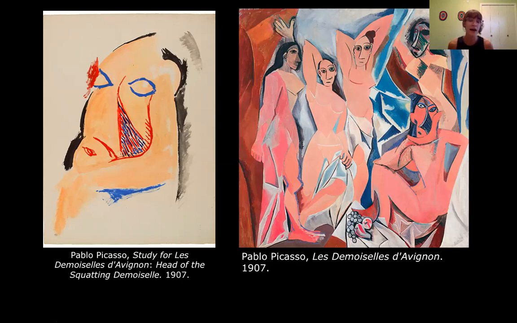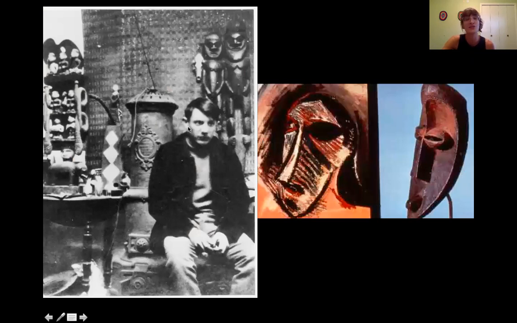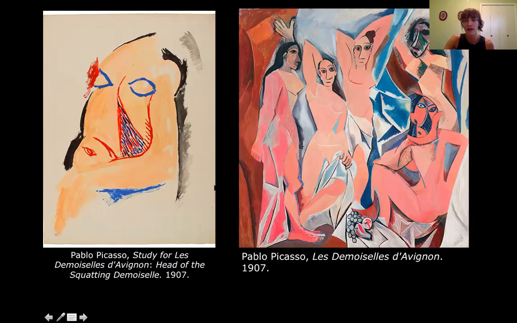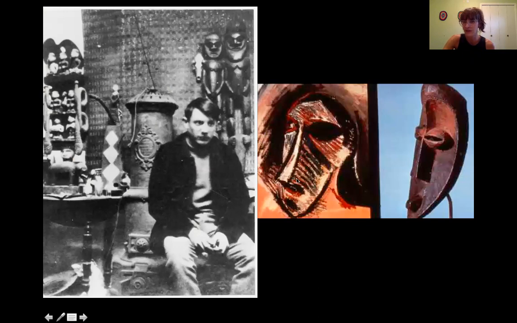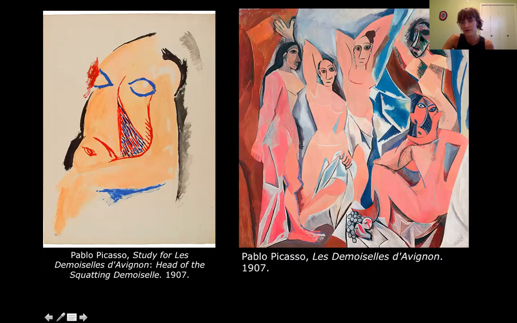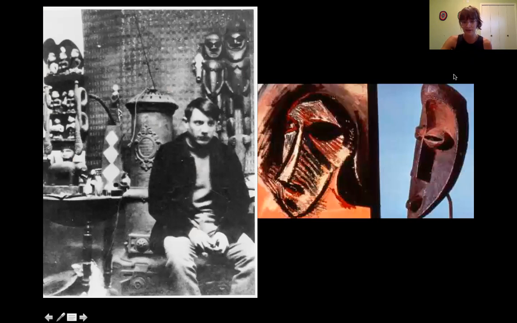This was African masks that he was really interested in, ancient art, art from the Iberian Peninsula, and he was a collector of masks. I think I've got another image here of him in his studio, where he's collected African artifacts, masks, and so forth. There's a young Picasso. And if you look to the woman's face here, just cut from this painting, and you look to a mask in his collection, you see he was really interested in letting this interest in the quote-unquote primitive make its way into his artwork.